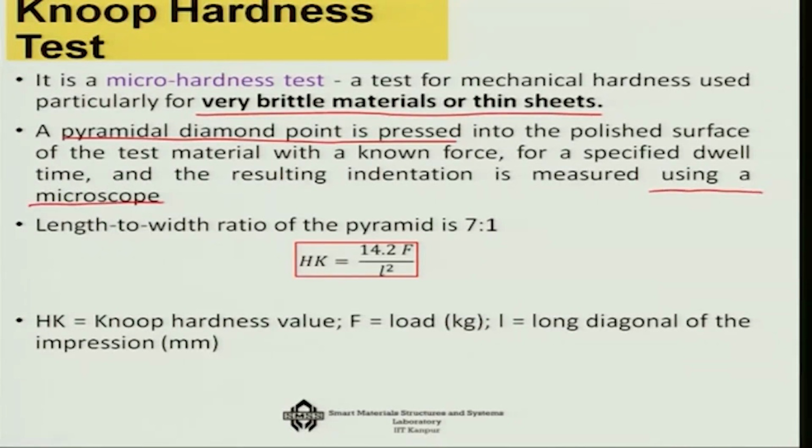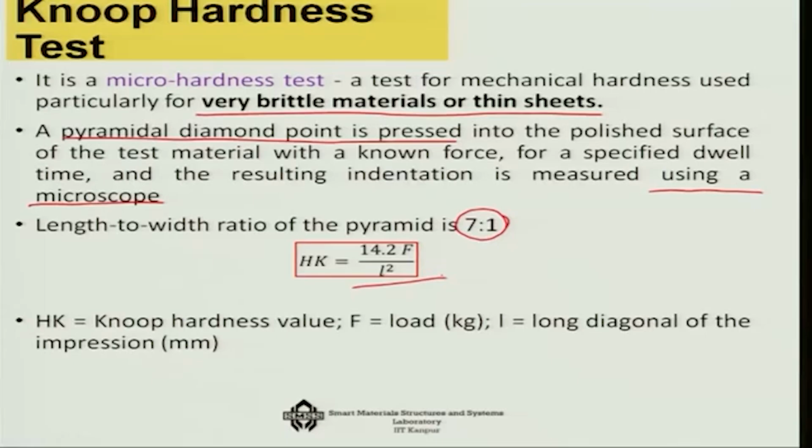The length to width ratio of the pyramid is maintained as 7:1, and then you can find out the Knoop hardness value, where F is the load in kg and L is the long diagonal of the impression. You can use this relationship to get the Knoop hardness value.